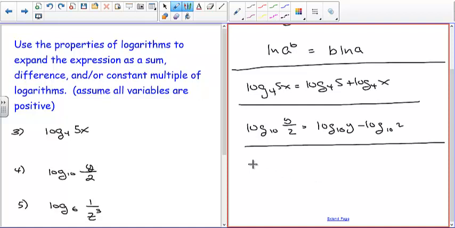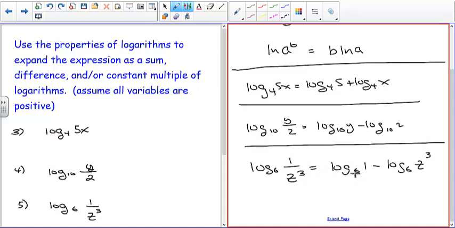Okay, number 5 is log base 6 of 1 over z cubed. In this case we're going to have to use two of the rules, but we'll use the quotient rule first. So you get the log base 6 of 1 minus the log base 6 of z cubed.